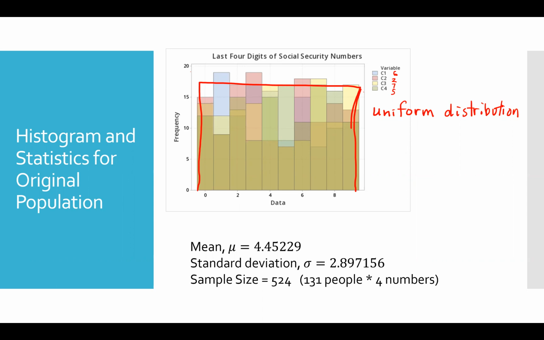So my group would be 6, 2, 7, 5, and I average it. So 6 plus 2 is 8, plus 7 is 15, plus 5 is 20. So I would have 20 divided by 4.